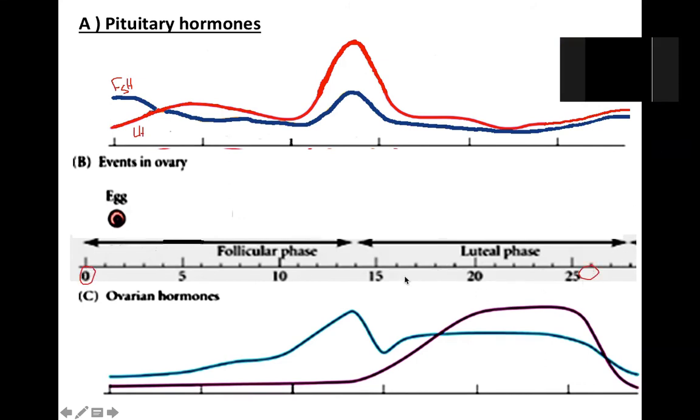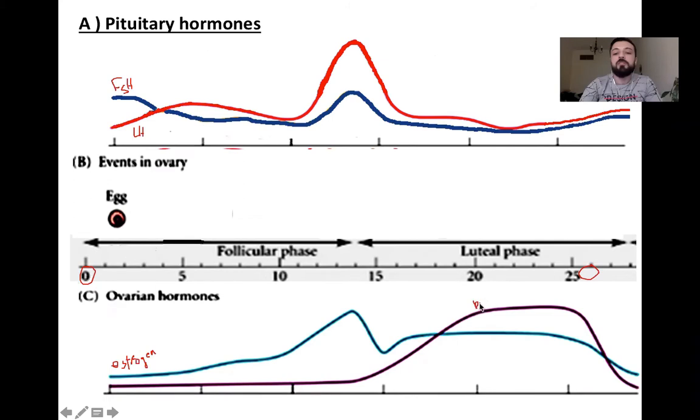And the green or blue graph of the ovary is estrogen. Very good. So here we start speaking about estrogen, which is the hormone that's released by the follicle. In addition, the violet one is progesterone. Very good.